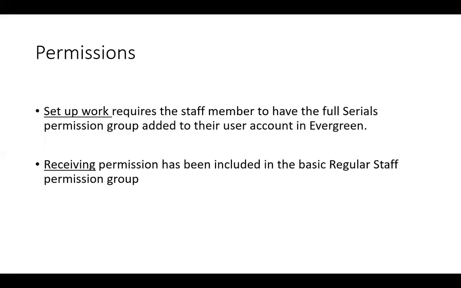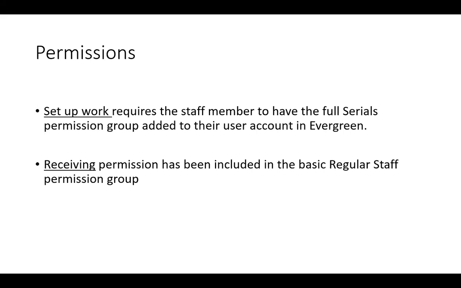All right. First slide was about permissions. Were there any questions from what I just said? I basically read what's on here. Permissions are for setup work; you've got to have them assigned to at least one staff person to be able to do the setup work.